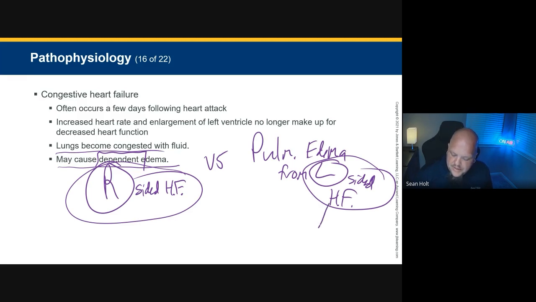However, left-sided heart failure can lead to right heart failure, okay?